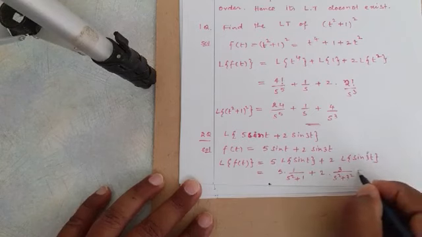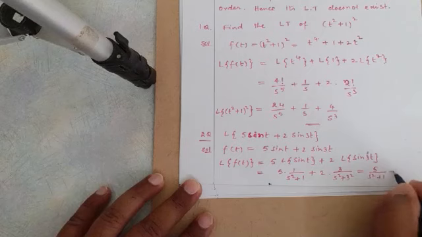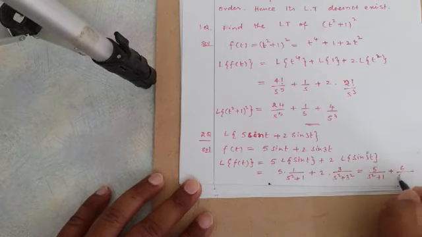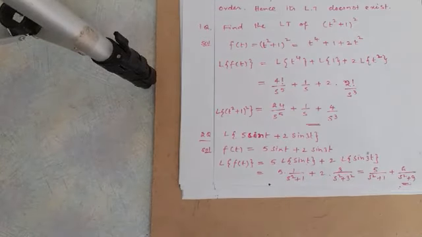So at last we can write this as 5 upon s square plus 1 plus 6 upon s square plus 9. So in this way we do problems based on elementary functions.